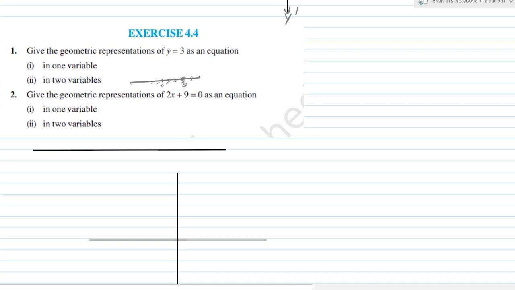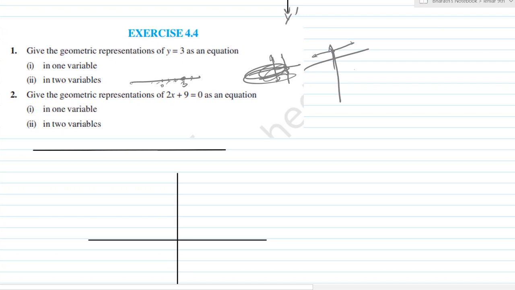And in the two-variable graph, somewhere here it will be a straight line like this, parallel to x, since here it's given y is equal to 3, right? So y will be 3 here and it will be parallel to the x-axis.